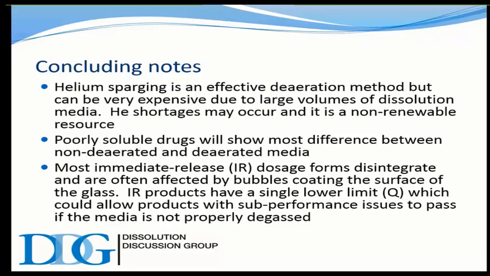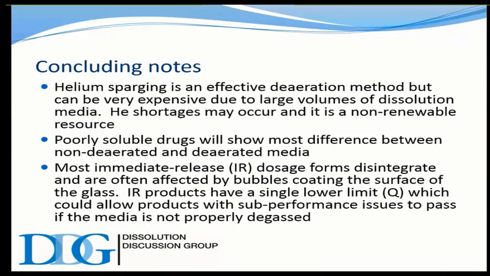And the idea here is because immediate release products for quality control have a single limit, Q, which is a single lower limit. There's no upper limit. So what we run the risk of is if we have a batch that is subperforming, it should not be released. If we test it incorrectly without properly challenging deaeration, we could result in a product that is released into the field, which could cause health issues.